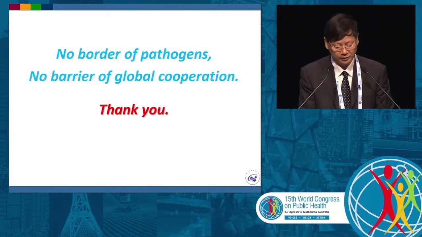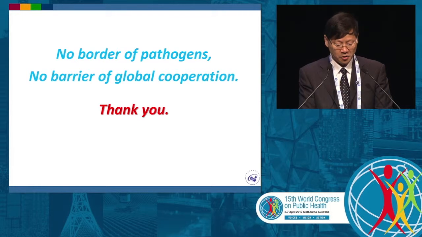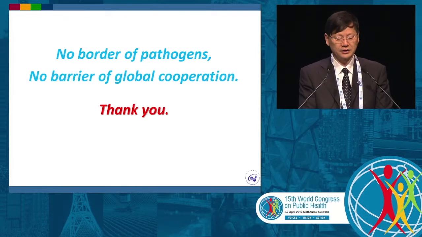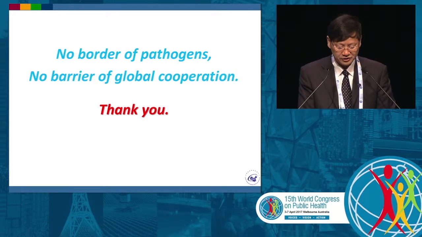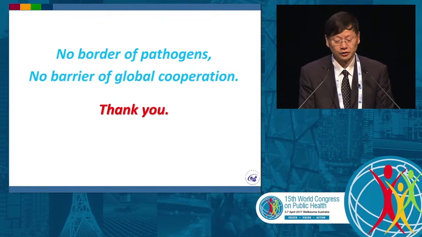As you know well, passengers travel across borders. We have to be better prepared. Let's work together to fight against these global public health threats and beat them. Thank you for your attention.